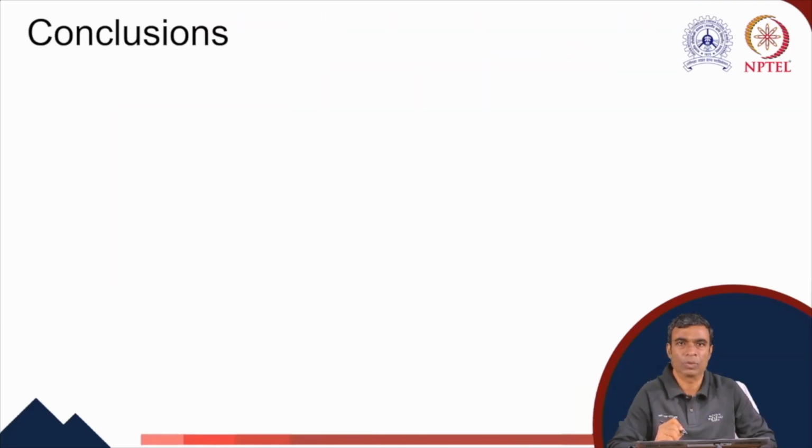Now I conclude today's class. In today's class, we have shown the FDM and FVM solutions of the Poisson equation in one dimension.